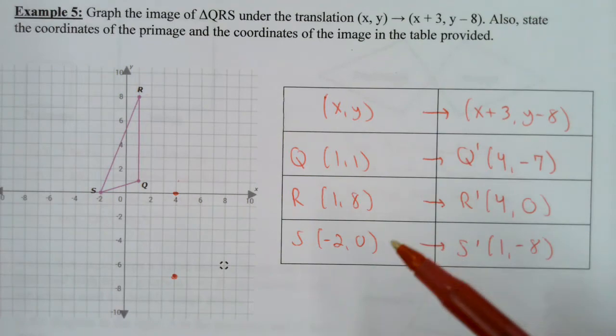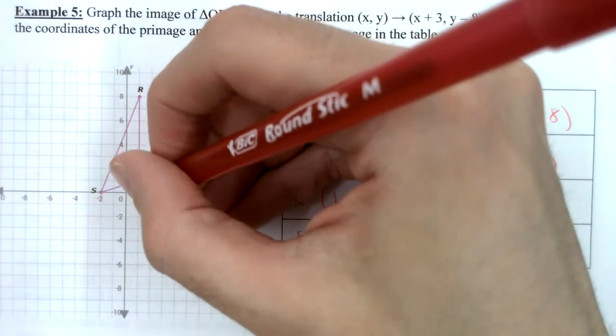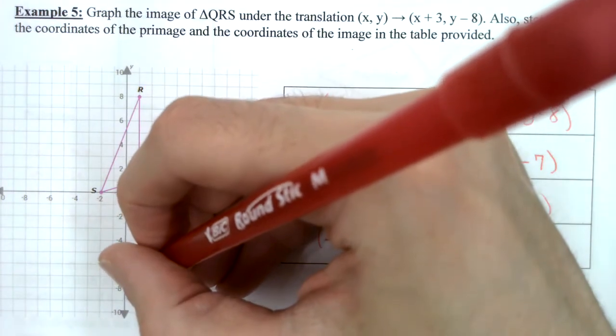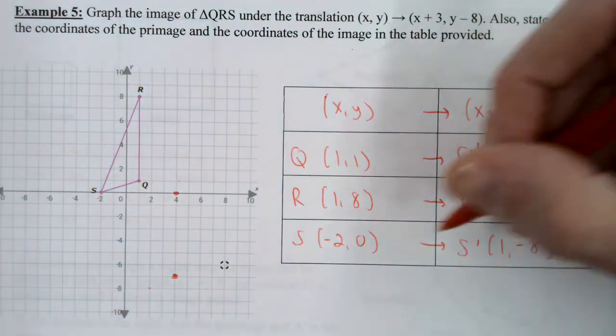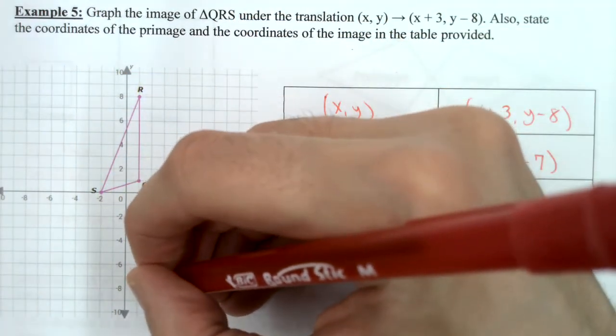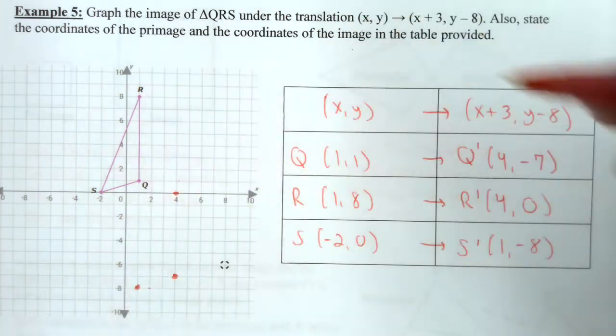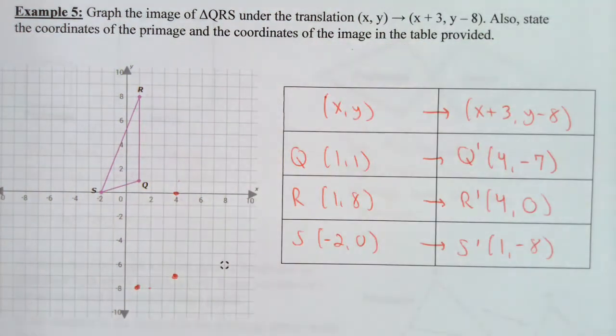And let's do S to get S prime. Let's go right 3, down 8. We're going to be right there. It was supposed to be (1, -8). So 1, 2, 3, (1, -8) right there. Okay, right 3, down 8. Let's connect those.